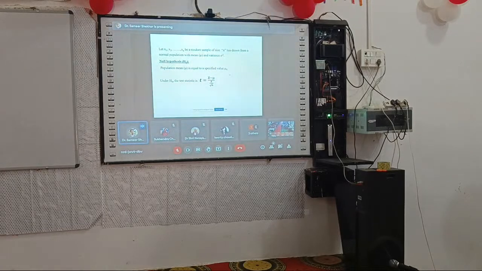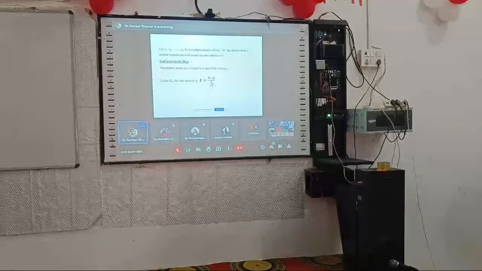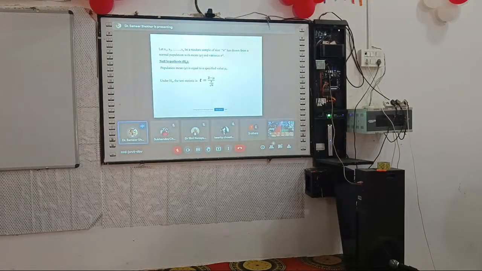So let us assume that this is the data set of n number of data is given. Right? N is the population size, and then a sample has been drawn from it, from a normally distributed population, and this is represented by mean mu and variance sigma square, right?